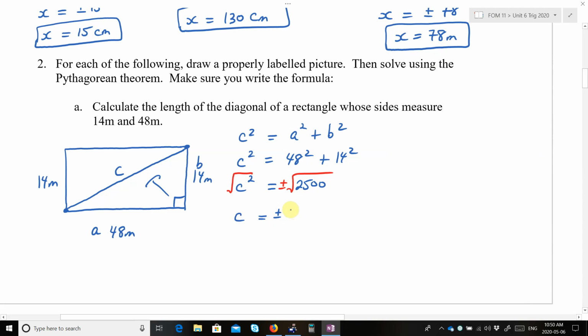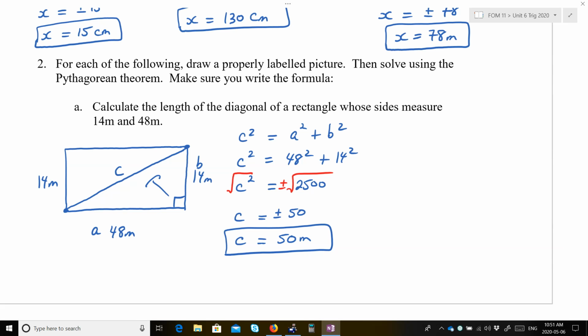So at first, mathematically, C could be plus or minus 50, and then we say, hey, I'm finding the length of the side of a triangle, so we will say C is 50 meters. Okay, and that is consistent with the answer key.